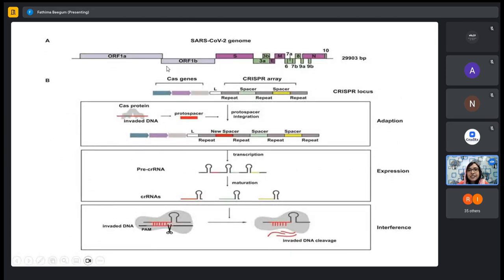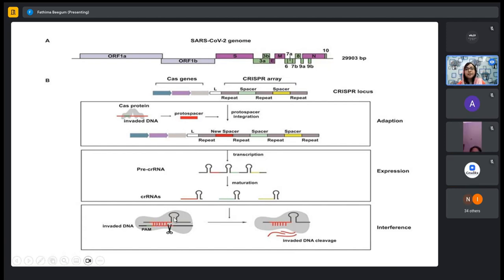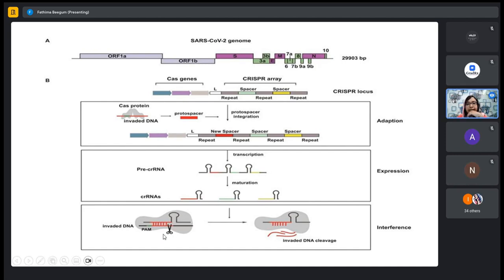Then this is what happens in the COVID-19 case. The SARS-CoV genome is there, with particular protein segments. Our Cas genes and CRISPR array will detect the PAM, and the crRNA as well as the tracrRNA both help to cut the DNA at the particular PAM region. It is cut, and virus destruction will occur.